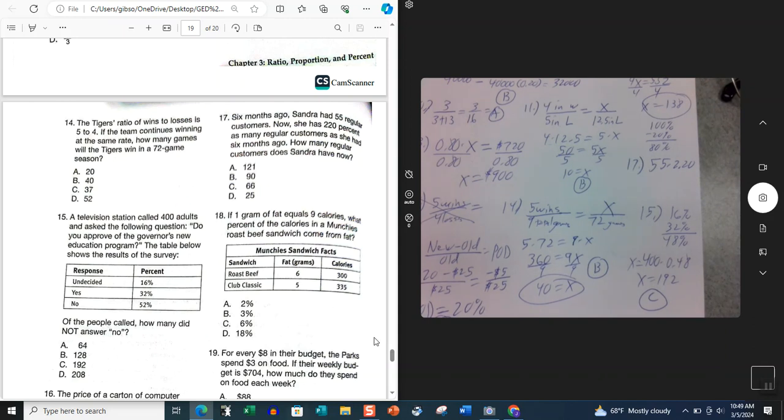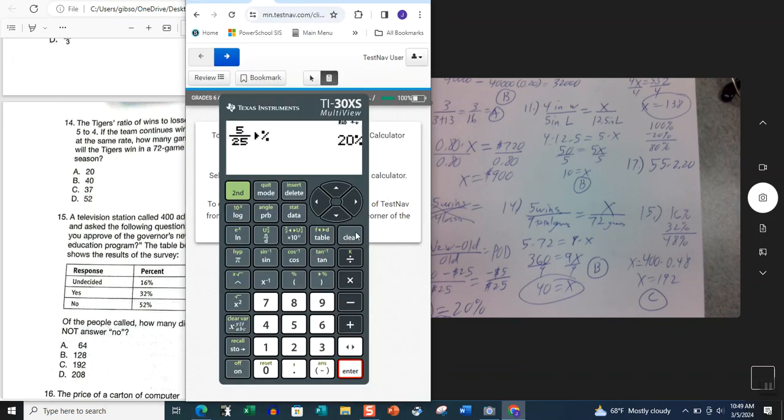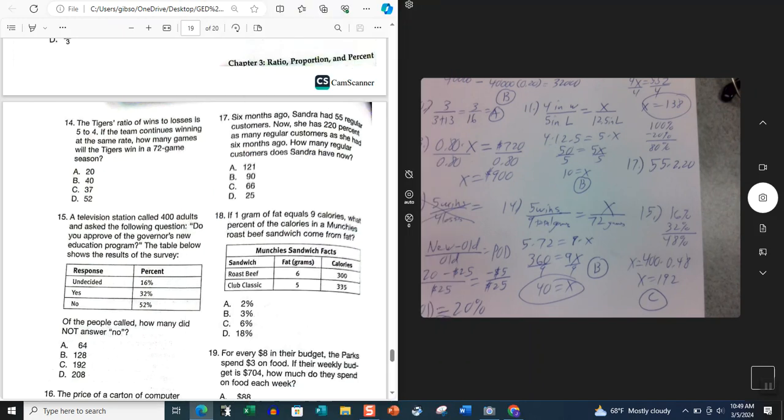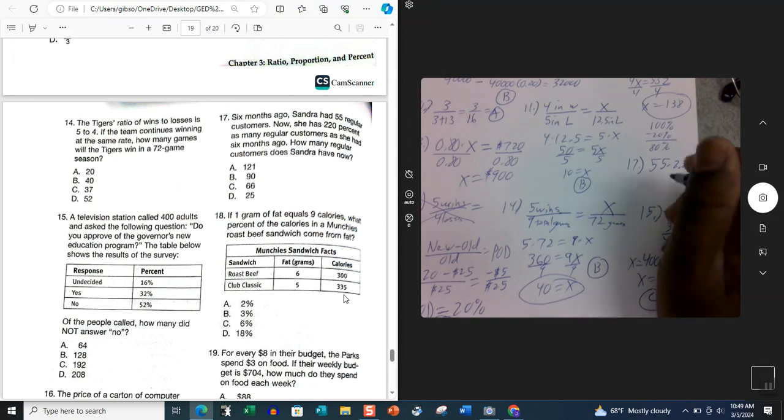So we will put that in our calculator. So we have 55 times 2.20. So that's 121. So that's A.